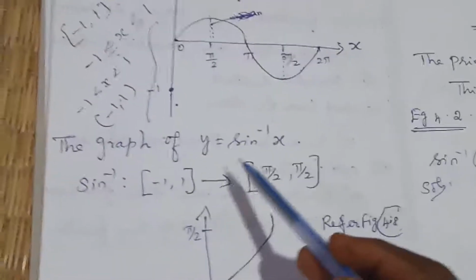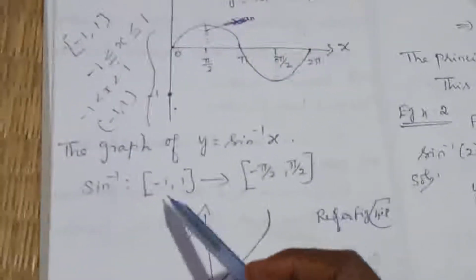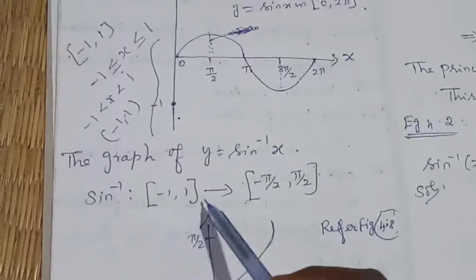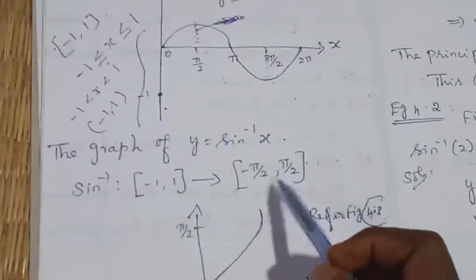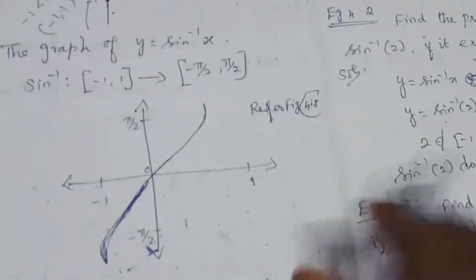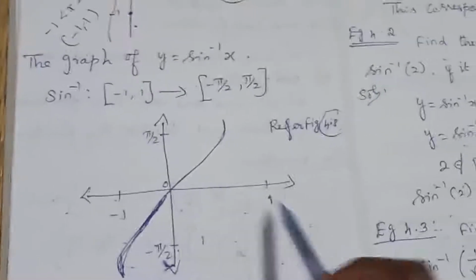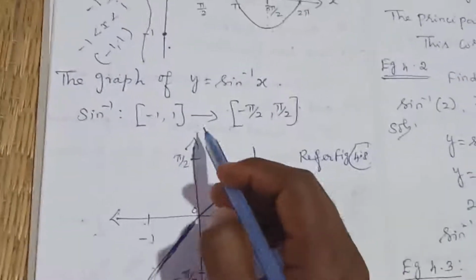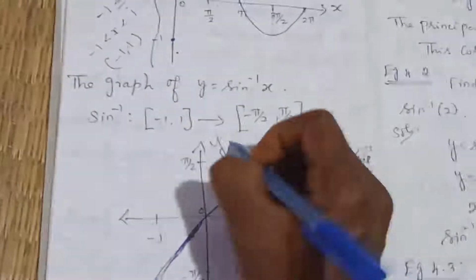Then the graph of y equal to sin inverse x. Sin inverse x means the domain and codomain must be interchanged: closed interval -1 comma 1 and closed interval -pi by 2 comma +pi by 2. See here, -1 to +1 is x, and this is y.